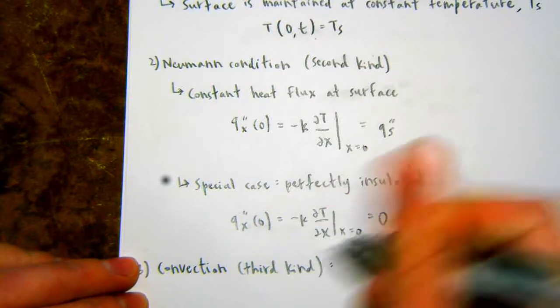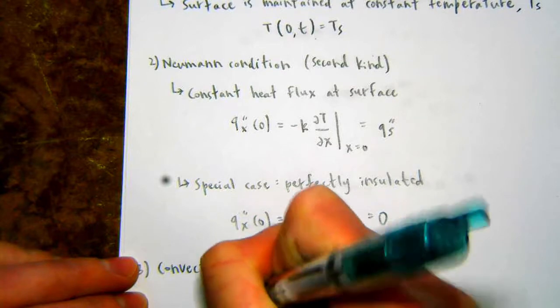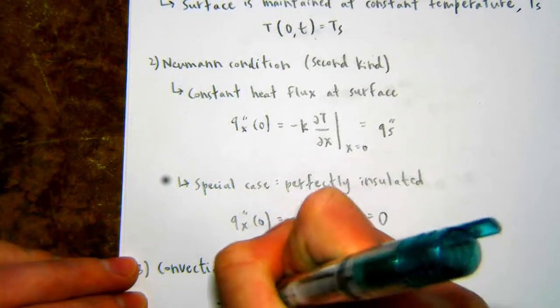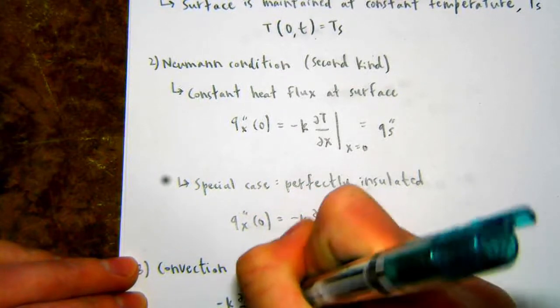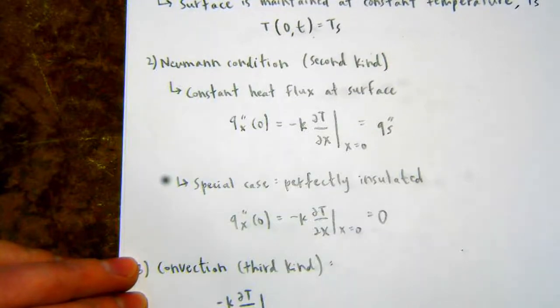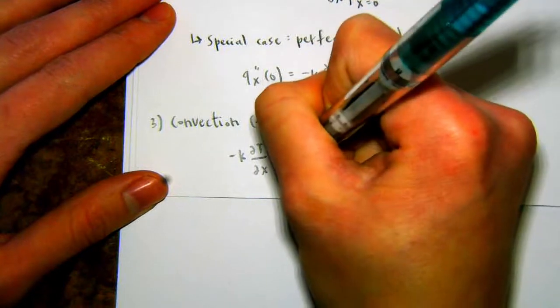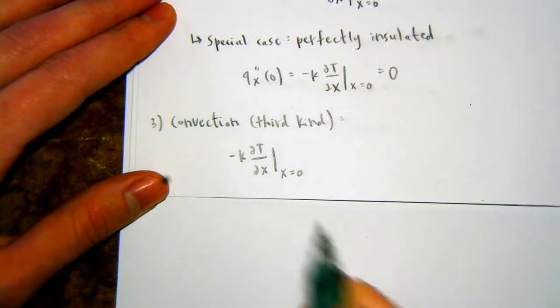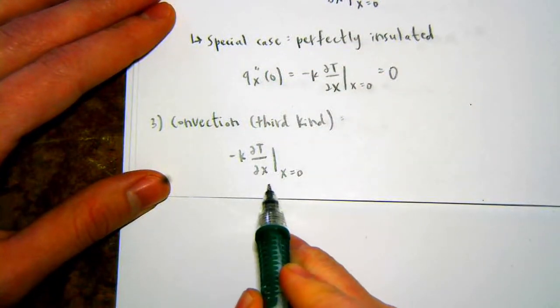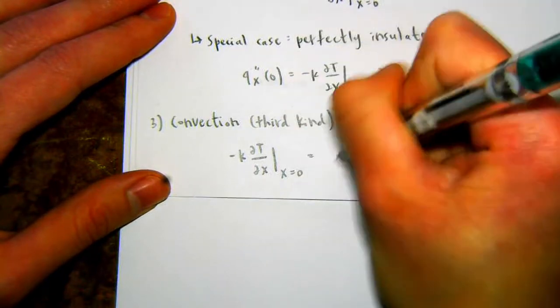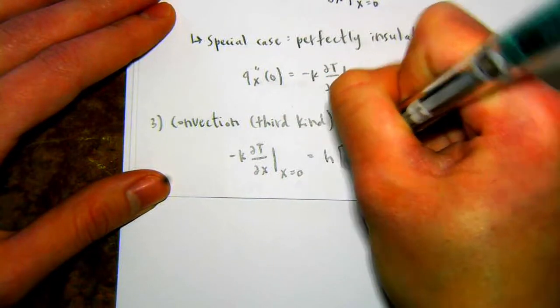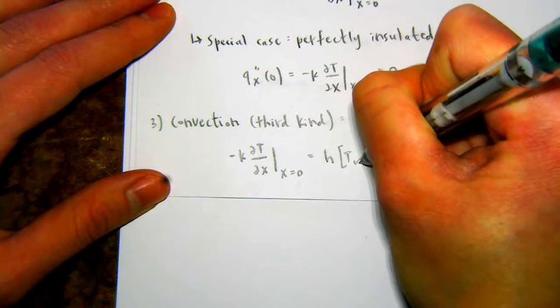So that can be convection heating or cooling. And so we'll say again, the heat flux at the surface is equal to the heat flux from convection.